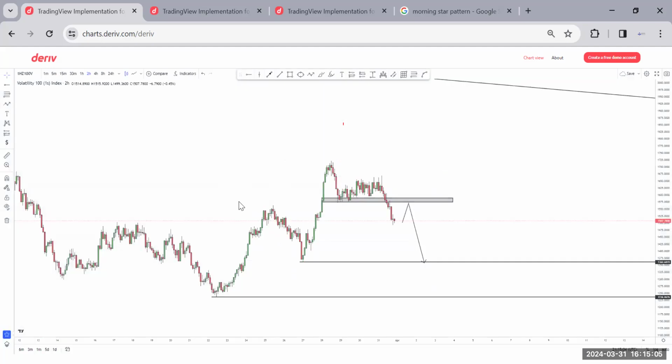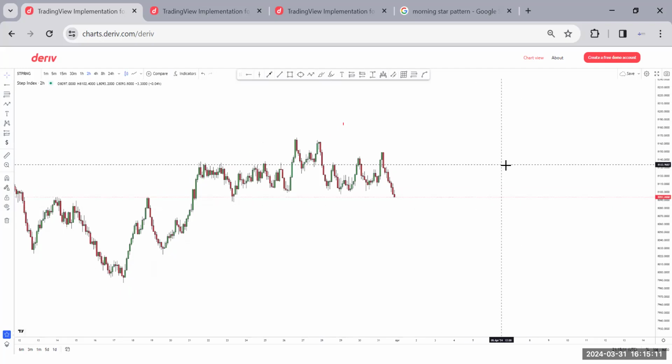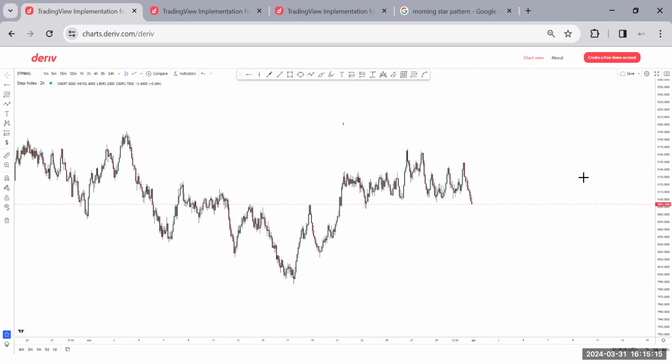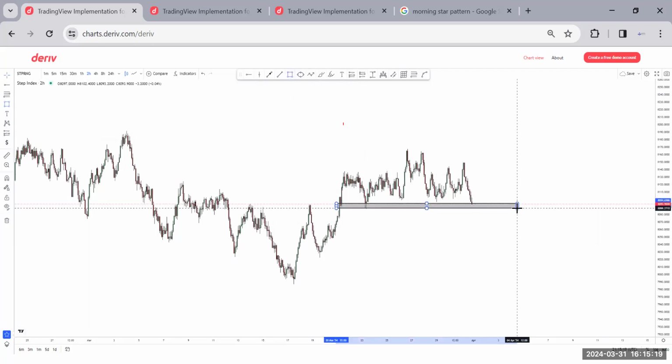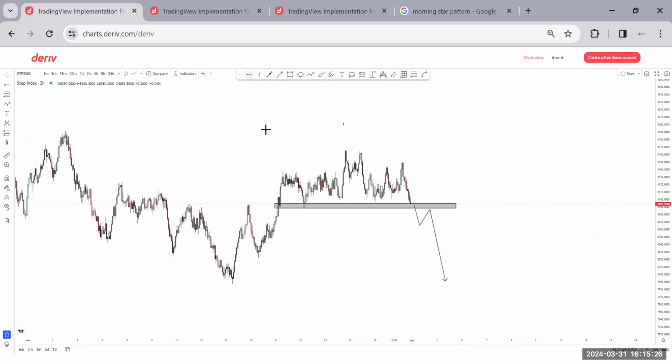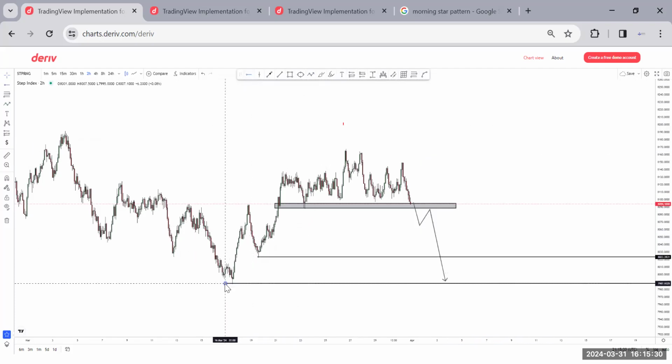On the 2 hour, let's see if it's able to break and retest this zone, then we go. We take it down. So our profit target is back on here and our last one here.